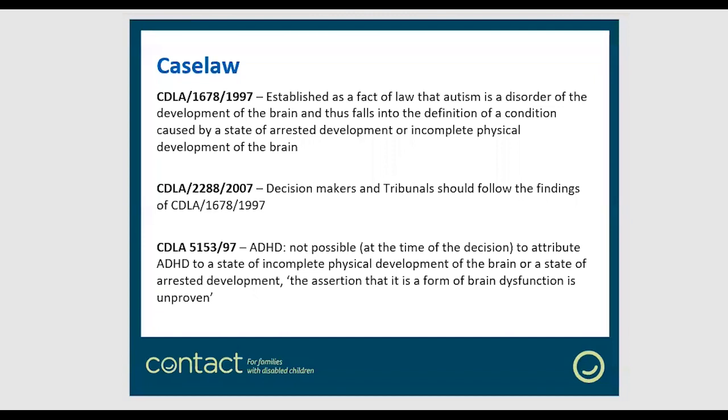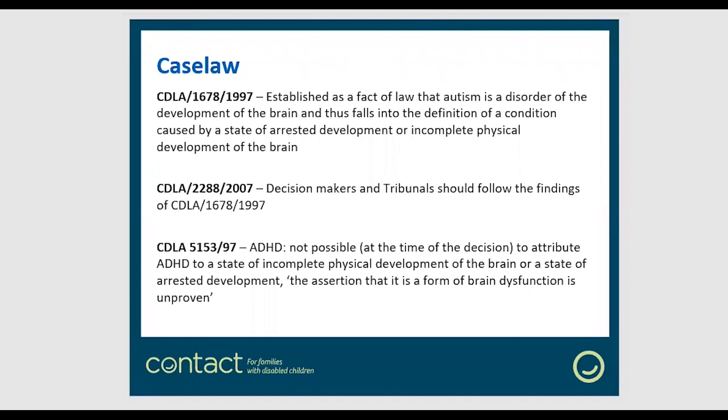The DWP is bound by a law that's already been established that sets out that autism does meet that test, and all other decision makers must follow the guidance that's been given. So those two pieces of case law are really useful if the DWP do try and argue that a child with autism doesn't meet this diagnostic test.